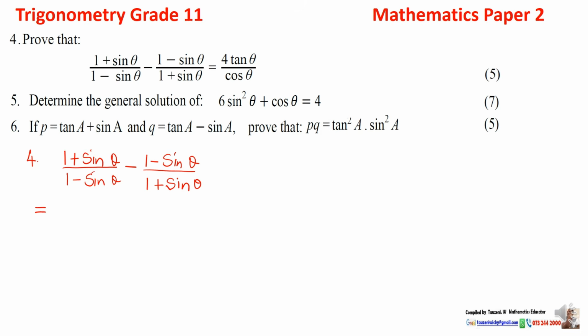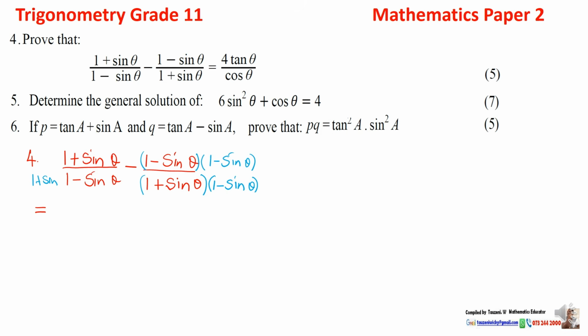We have fractions here. When given fractions, then apply the general idea of fractions. We know that when given fractions, addition of fractions, you make the denominators the same. To add fractions, you must multiply those fractions in such a way that the denominators of the fractions will become the same.